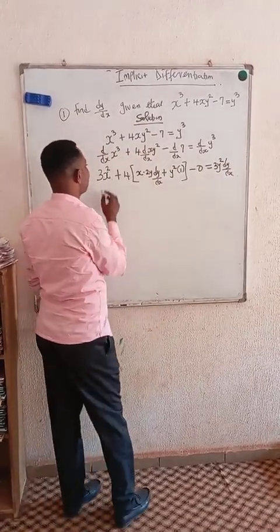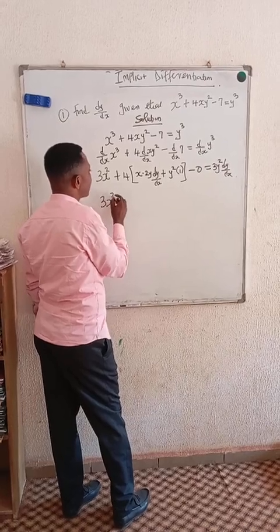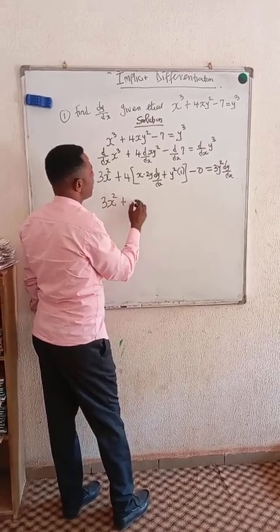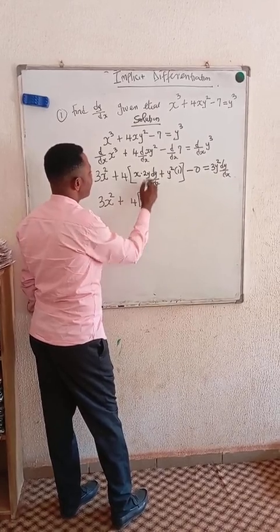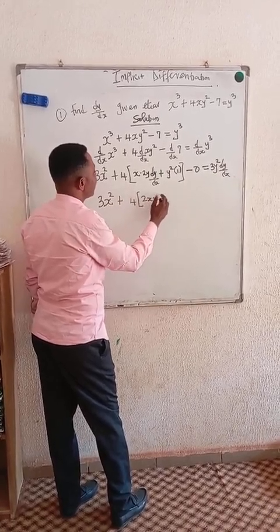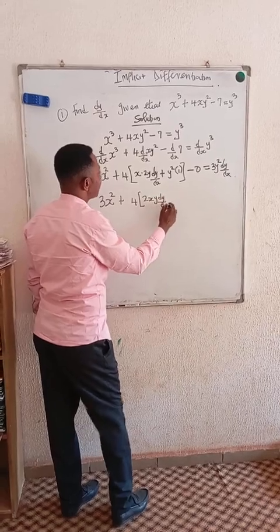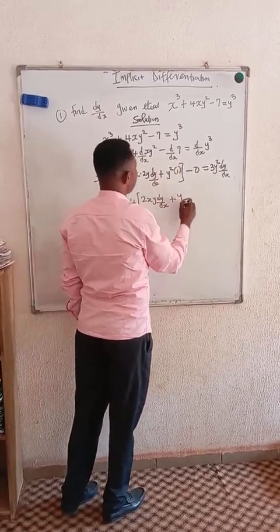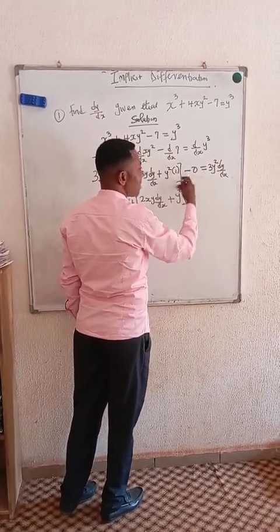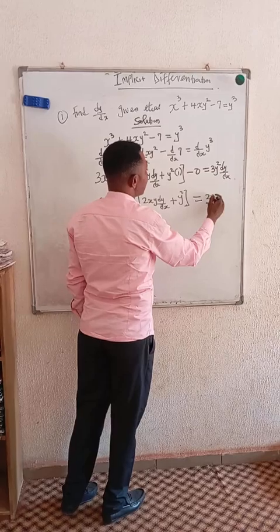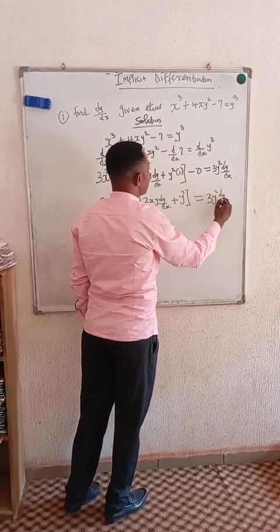So now, this is 3x squared plus 4 times 2xy dy/dx plus y squared times 1, minus 0, equal to 3y squared dy/dx.